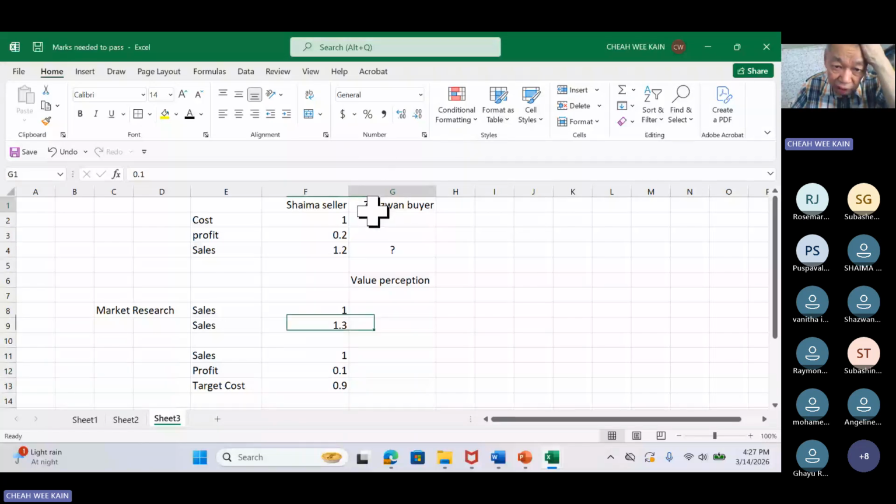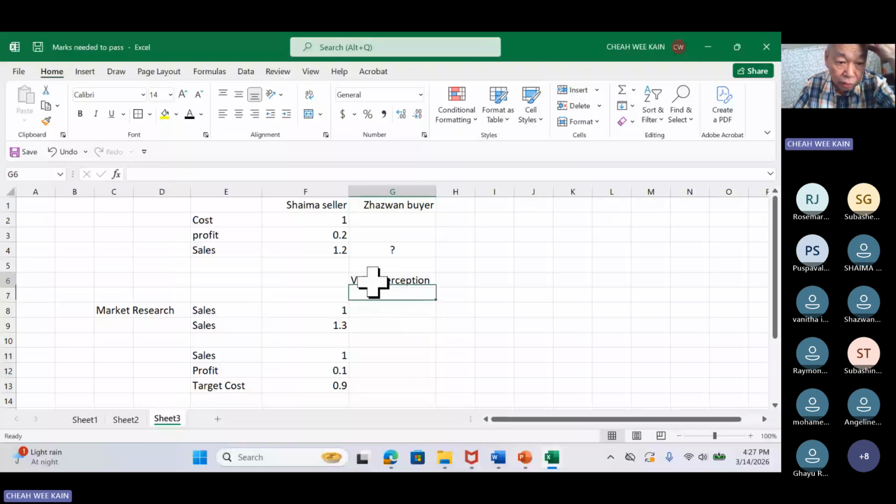Because this fellow, he only cares about the value perception, whether he thinks $1 is fair or $1.30 is fair. Now, the problem is, Shazwan is only thinking like that. You may have Mr. A, Mr. B, Mr. C, Mr. D, so many people all with different thinking about value perception.